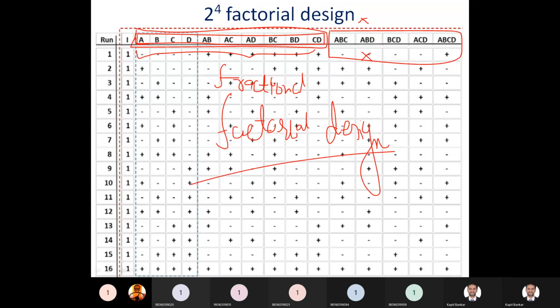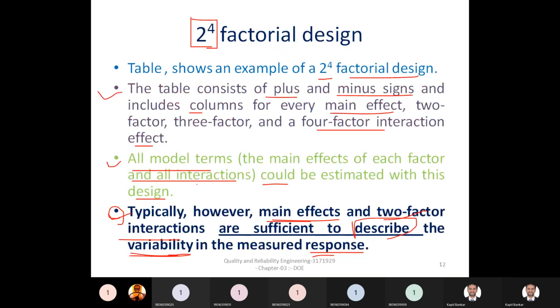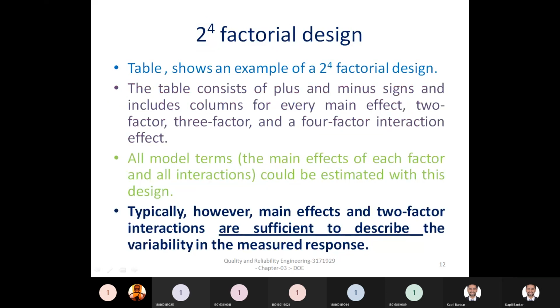Because in this statement it is clearly mentioned that the main effects and the two-factor interaction effects are sufficient to describe the variability in your measured responses.